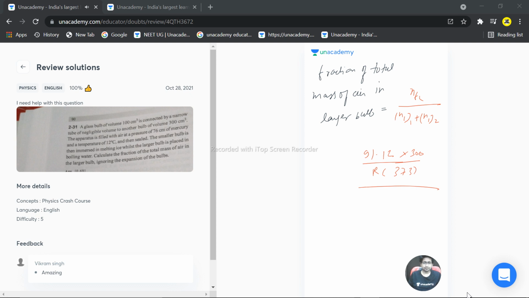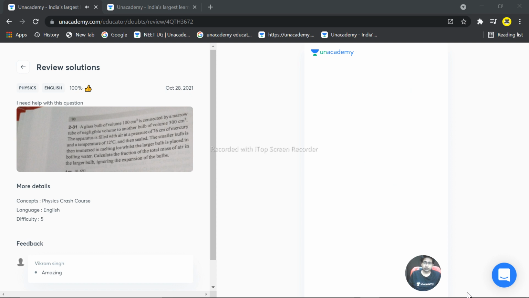Let's place the values: 76 times 100 divided by 285R plus 76 into 300 divided by 285R. Now the very next step will be to solve this.